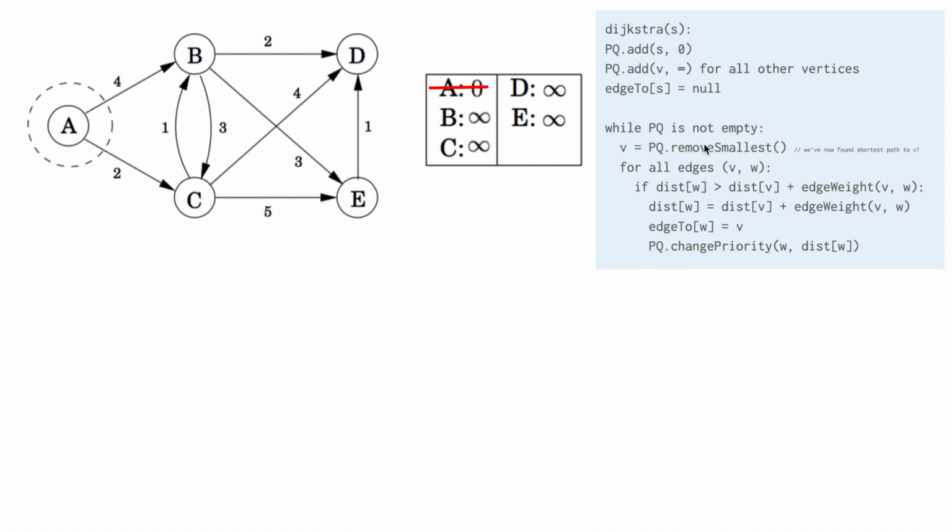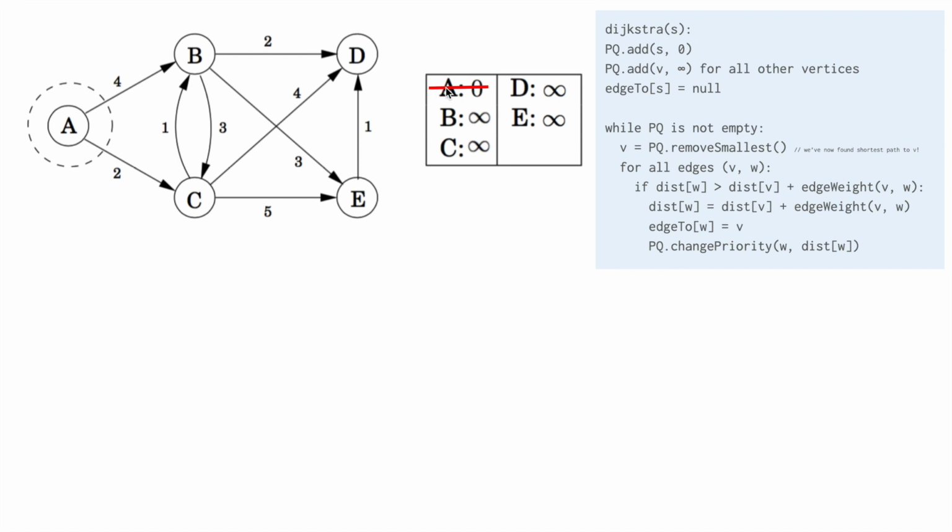So I'm denoting that in this box here, by shorthand, I'm just listing the distances of all the nodes, and I'm going to cross out nodes that I'm removing from the priority queue. And remember, the priority queue is going to be removing the node with the smallest distance value that, of course, hasn't already been removed because it has to be in the priority queue.